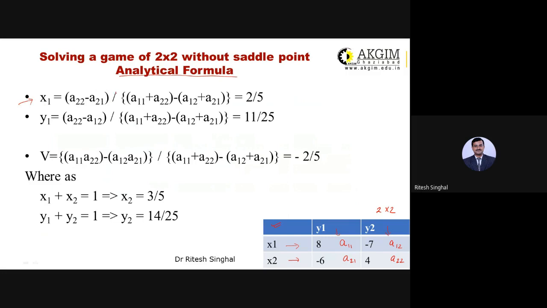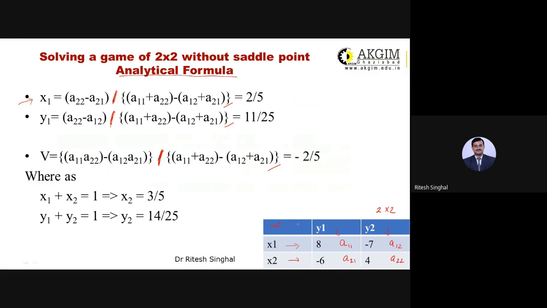One important thing you can observe here is that the denominator is the same, whether it is x1, y1, or v. So no need to calculate the denominator again and again. You calculate it once and use it in the different formulas.